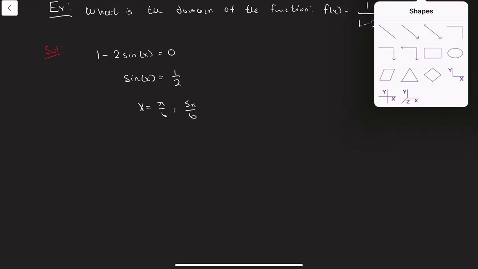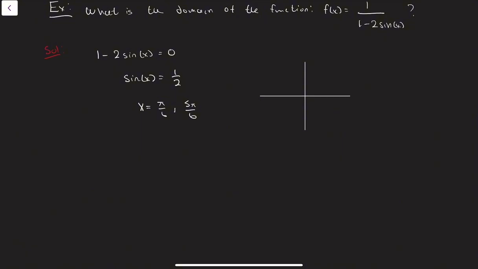This is just from the CAST rule, which tells us what values of an angle are positive and negative for the different trig functions. So for the trig function of sine, we know that the values in the first and second quadrant, so this quadrant and that quadrant, will be positive, and in this quadrant and this quadrant will be negative.